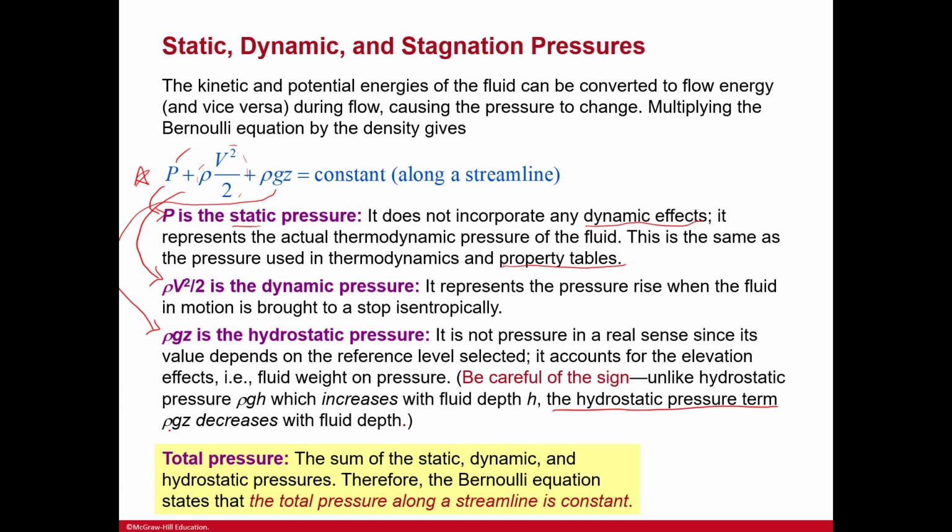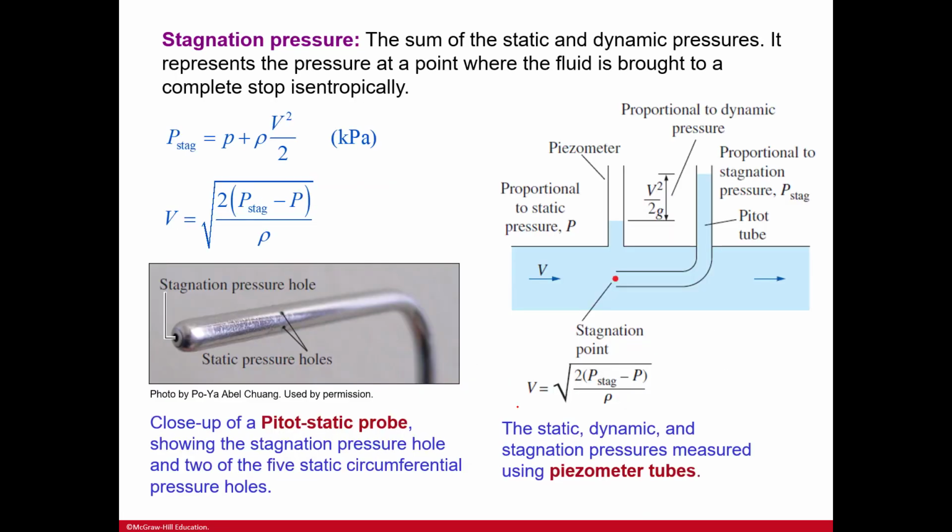The hydrostatic pressure term rho g z decreases with fluid depth, and then rho g h increases with fluid depth. Total pressure is just the sum of our static, dynamic, and hydrostatic pressures. Therefore, the Bernoulli equation states that the total pressure along a streamline is constant because it's accounting for all of them, regardless of the state.